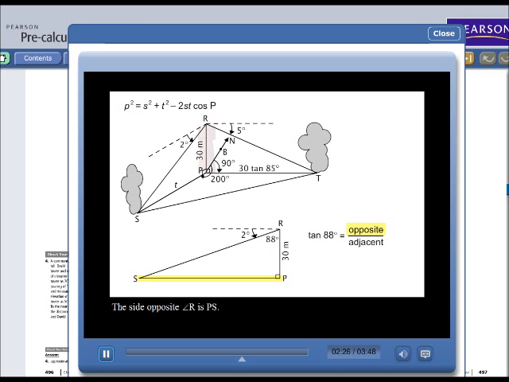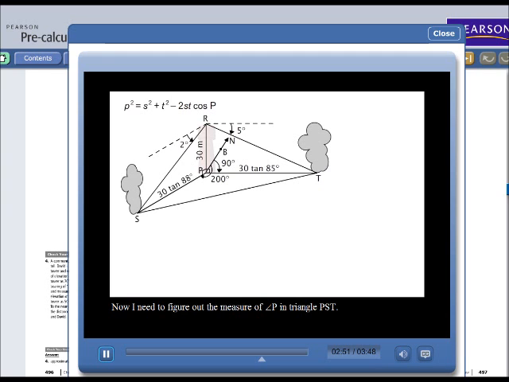The side opposite angle R is PS. The side adjacent to angle R has a length of 30 meters. I'll multiply both sides by 30 to isolate PS. So, PS equals 30 times tan 88 degrees. I'll label PS on the original diagram.